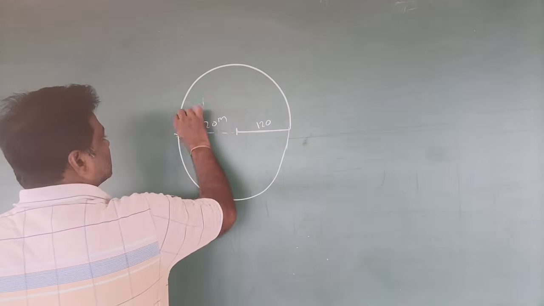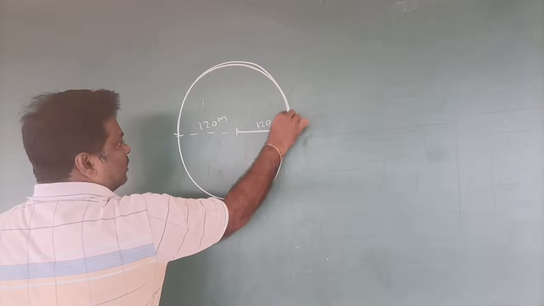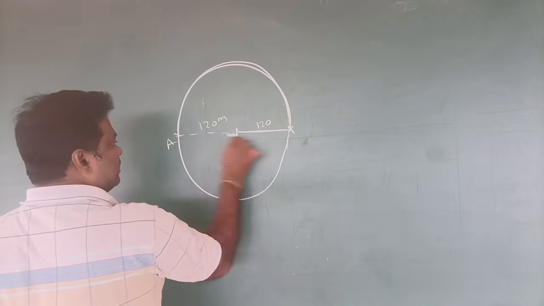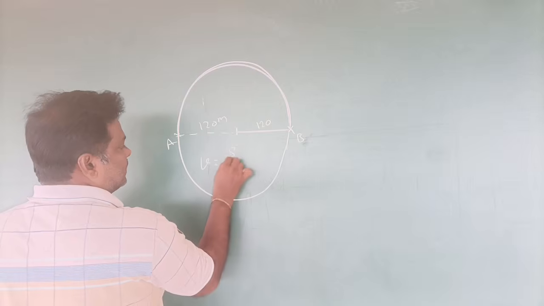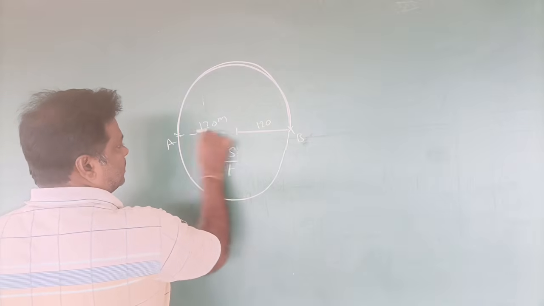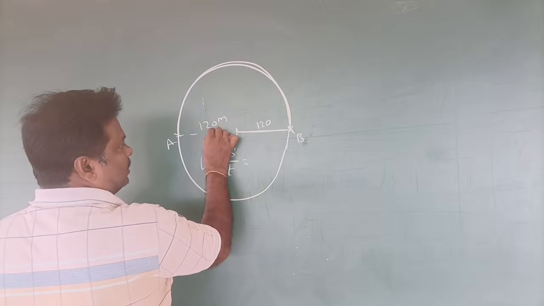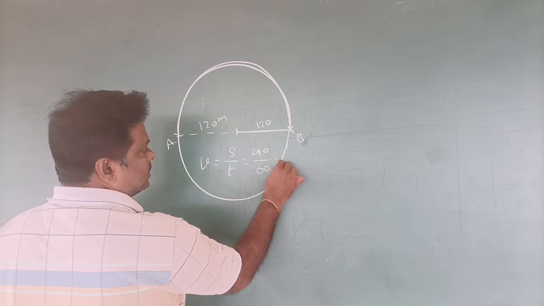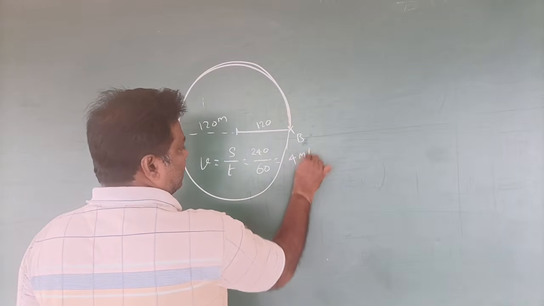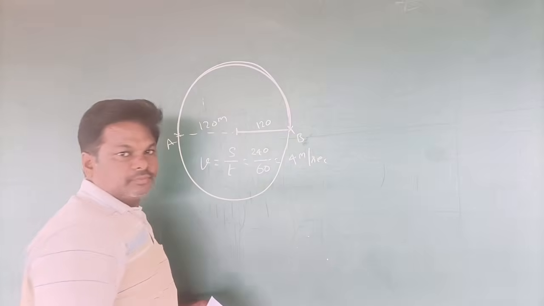So half of the circumference means up to here, half of the circle. It is the AB. He is asking velocity. Velocity is equal to displacement by time. Displacement from here to here, 120 plus 120, 240. The time is 1 minute, which is equal to 60 seconds. You will get 4 meter per second as your answer.